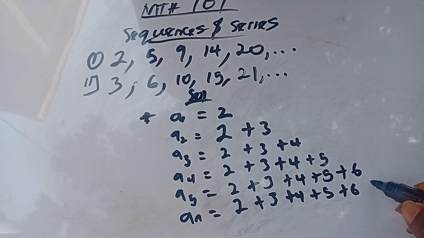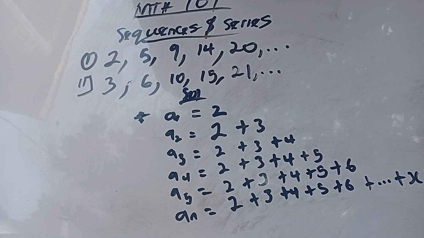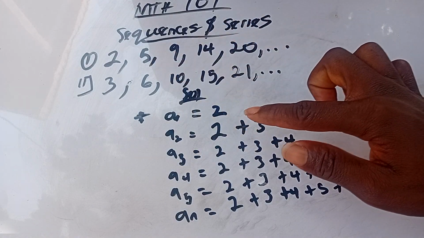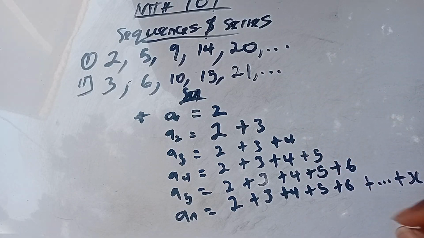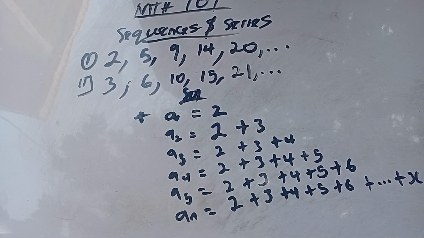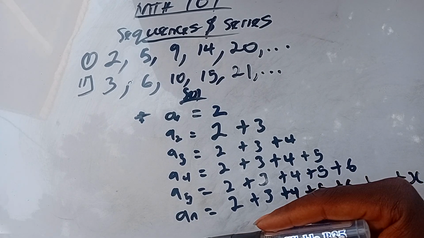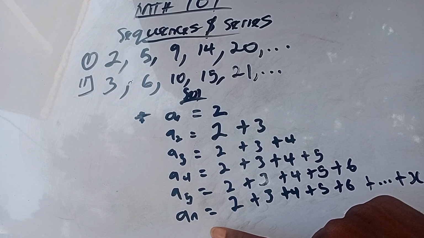Let's say the last term there is x. Because we broke this down, this is 2, the next one is 5, then 9, 14, 20. Because of the breakdown, we are able to create an AP series to be precise. So we can use this to generate the formula.